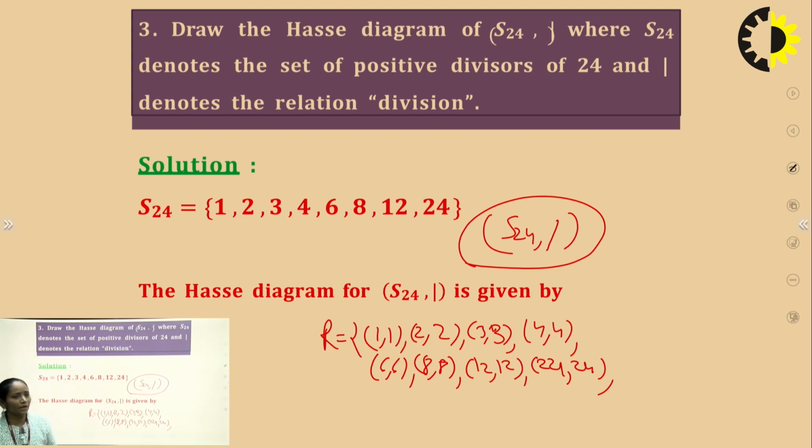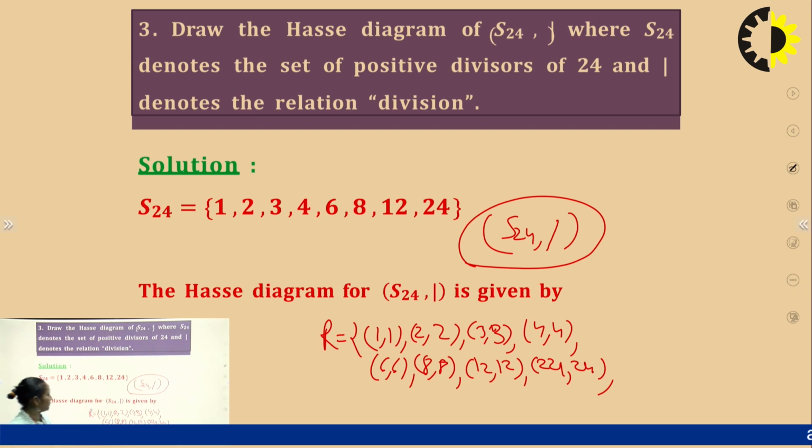What will be the next element? 1 can also divide all the elements, then 1, 2 up to 1, 24. Then, can we take the member 2, 3? No, because there is no divisibility relationship between 2 and 3.